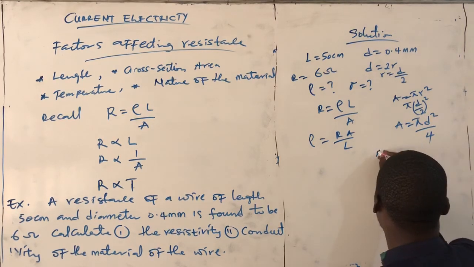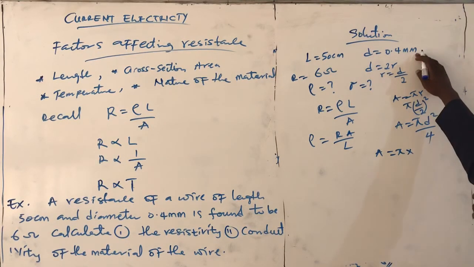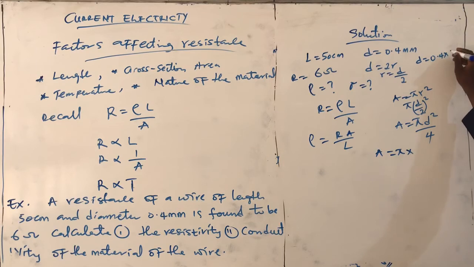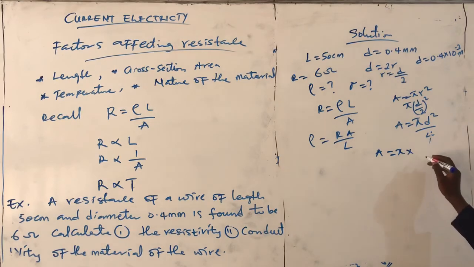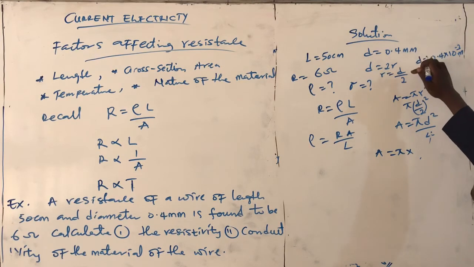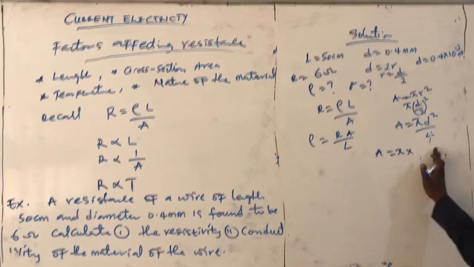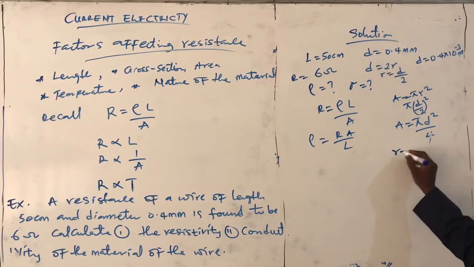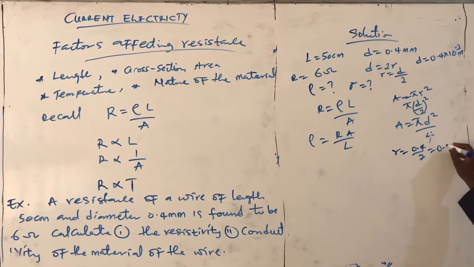Now, our area is equal to pi multiplied by the diameter, 0.4 millimeter. If you convert this into meter, the diameter is 0.4 times 10 raised to power minus 3 meter. Either you take the diameter and divide it by 2, which is 0.2 millimeter, and use pi r squared directly. We know r is 0.4 over 2, which is 0.2 times 10 raised to power minus 3 meter.